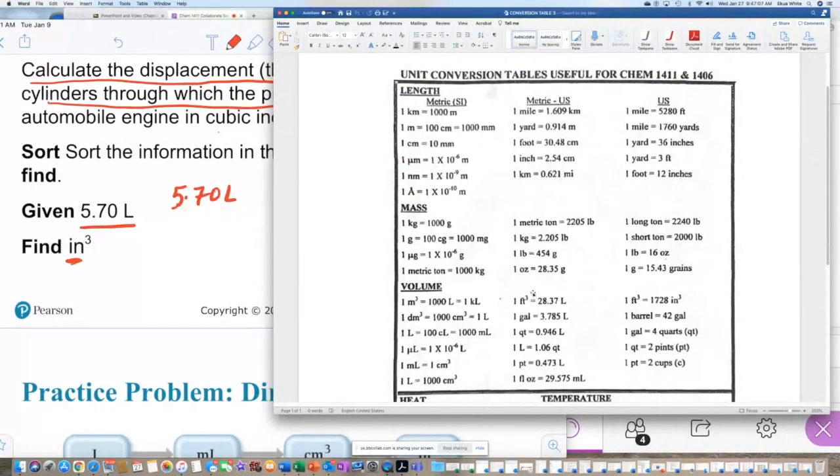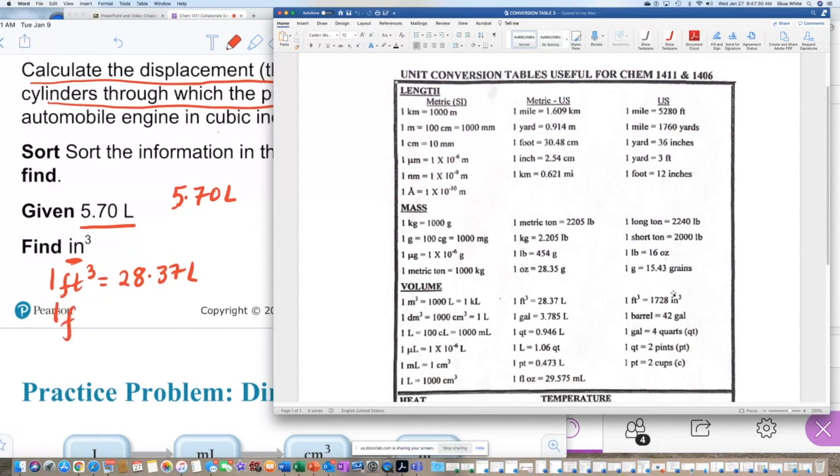I will pick 1 foot cube equal 28.37 liters. So this one here. Then my next one is, since I'm going from liters to foot cube, I have to pick a conversion that has foot cube. Look, to the right, I have 1 foot cube equal inches cube.